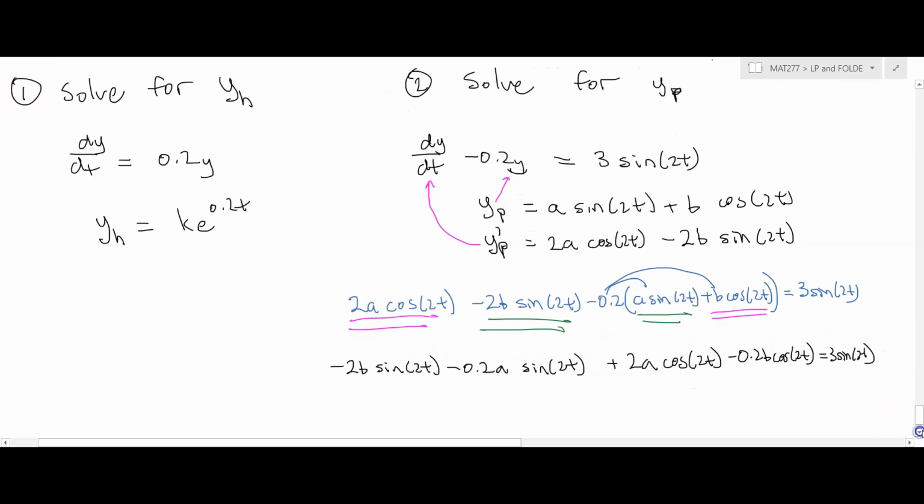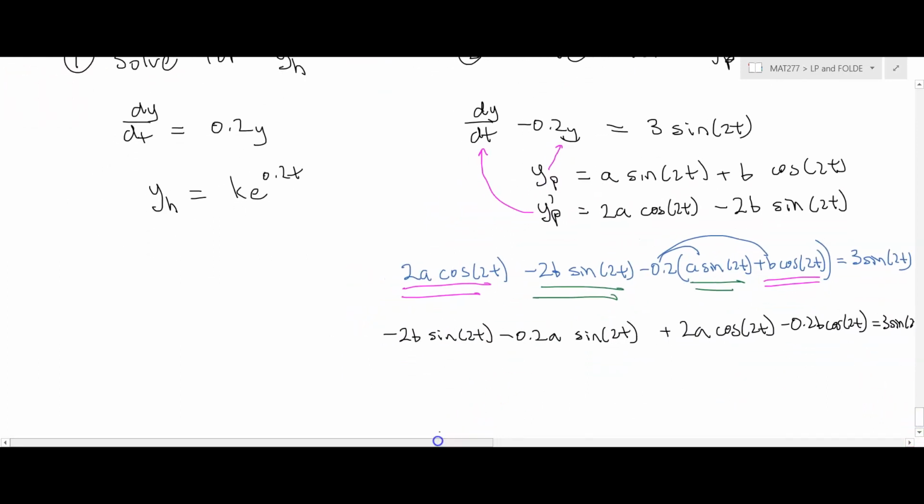So now that I have that, I am now ready to make some equalities here. So first of all, from these two terms, I see that I have negative 2b sine 2t's, and then negative 0.2a more sine of 2t. So if you want to perceive it as factoring out a sine of 2t, I will have negative 2b minus 0.2a.